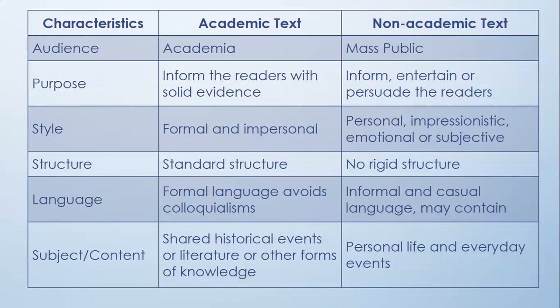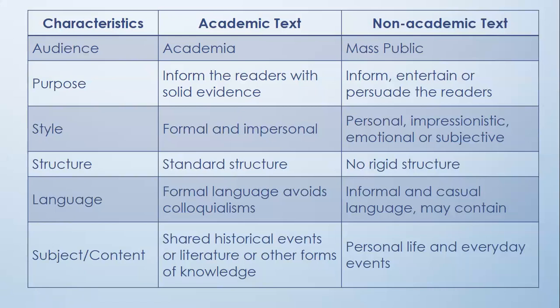Just like what I said earlier, academic text provides information and therefore it informs the readers with solid evidences. Remember, evidence-based arguments or empiricism. Whereas non-academic text's purpose is, aside from inform, to entertain or persuade the readers.